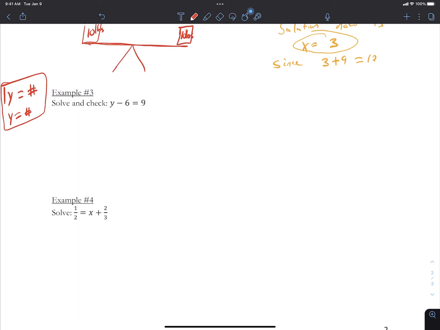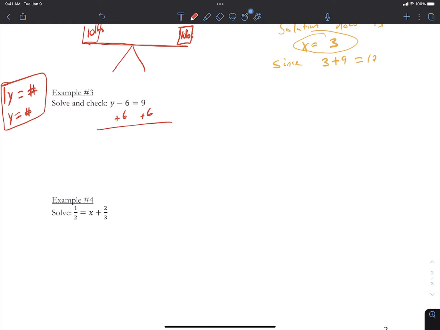So if I have y minus 6 equals 9, how I can get y by itself is I can add 6 to both sides. This is the inverse property of addition. If I add the opposite, I'm going to end up getting 0.